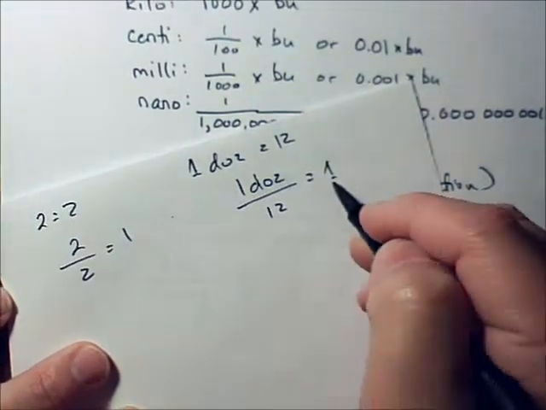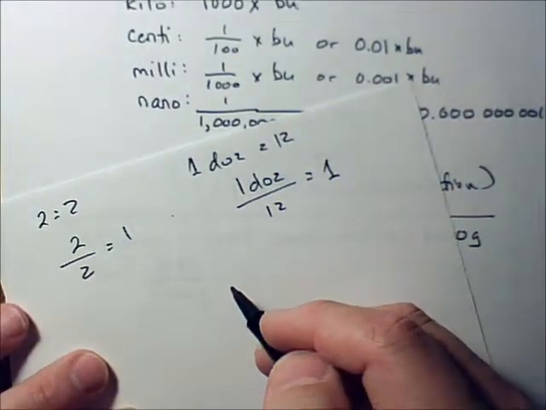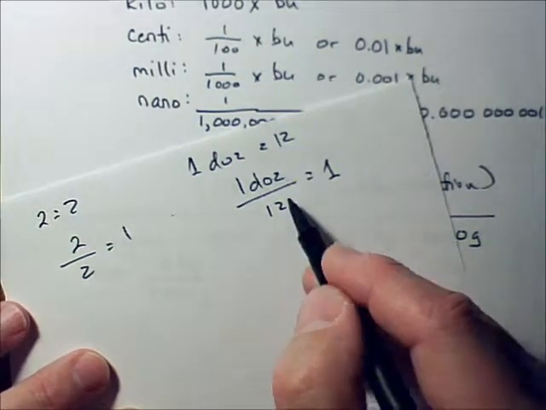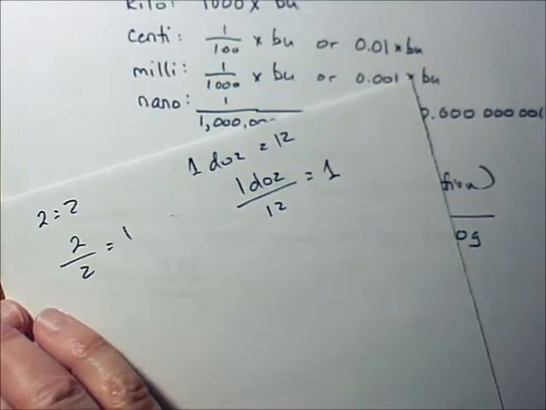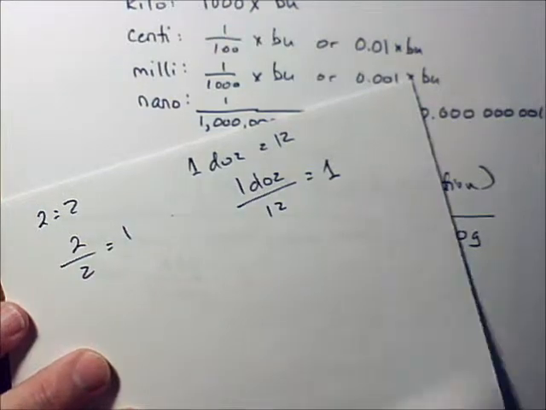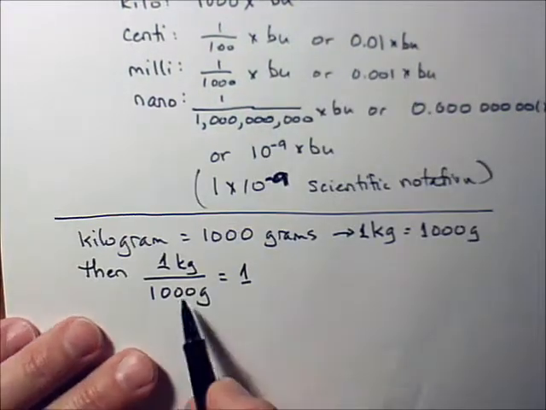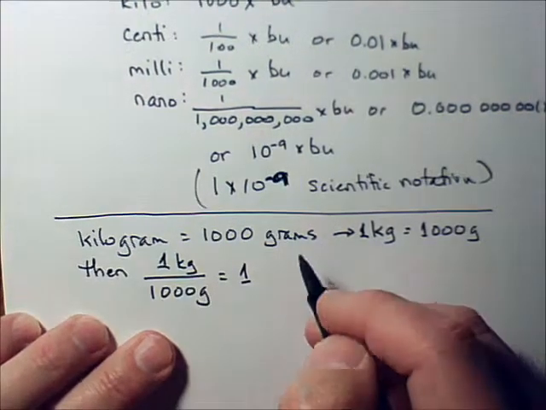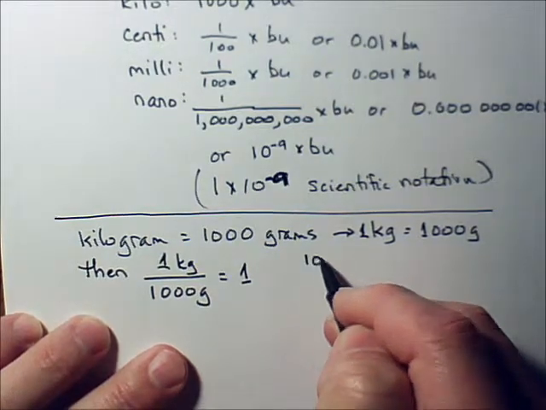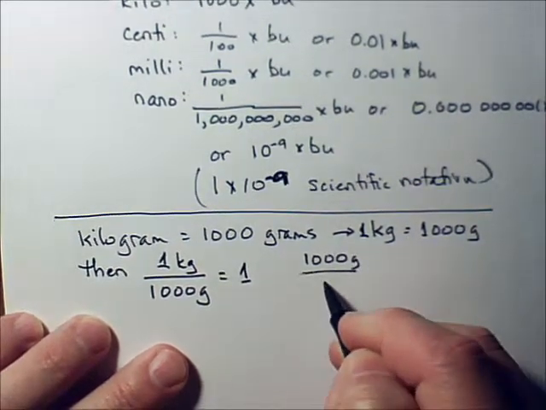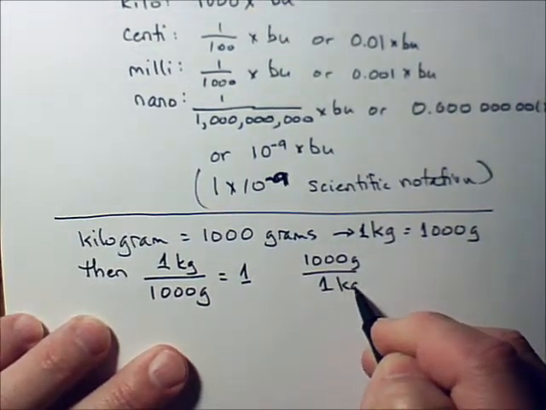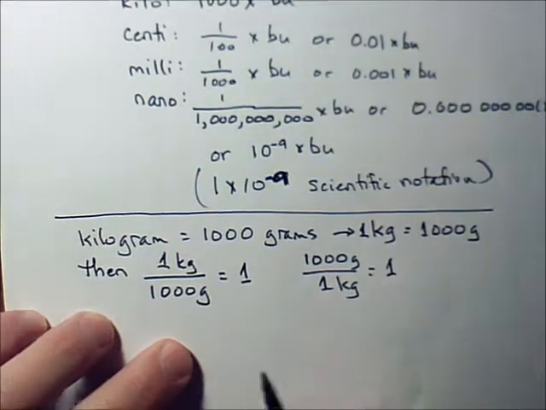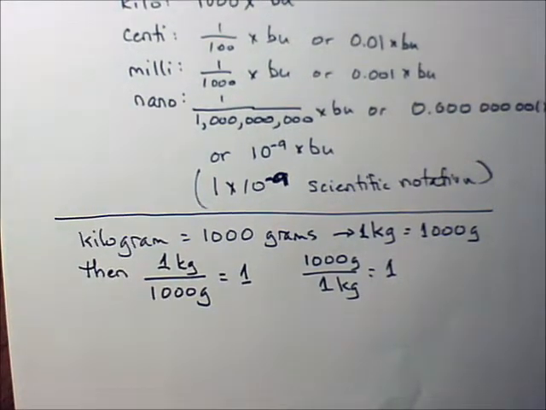So anytime I have 2 things that are equal, if I put them in a fraction like that, it's going to equal 1. So 1,000 grams over 1 kilogram also equals 1. Does that make sense?